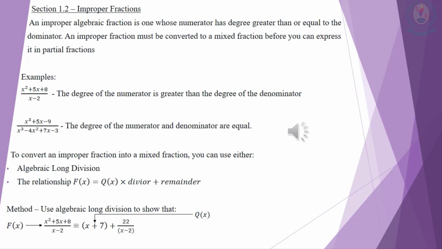Method 1, using algebraic long division, to show that f(x) equals x squared plus 5x plus 8 over x minus 2 is identically equal to x plus 7 plus 22 divided by x minus 2, where q(x) equals x plus 7, 22 is the remainder and x minus 2 is the divisor.